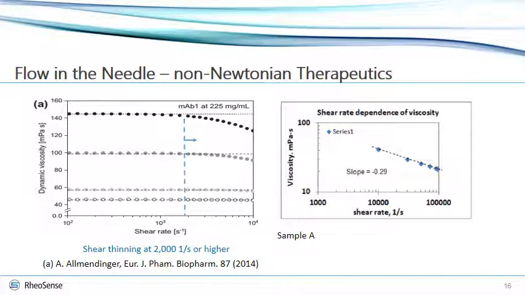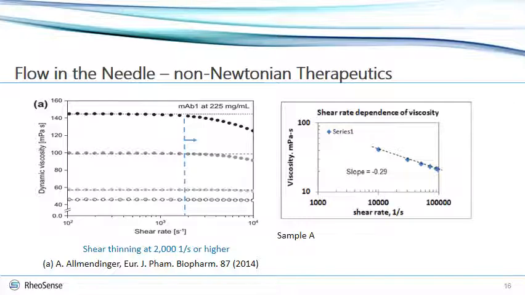Now, we can get back to our non-Newtonian therapeutics. I'm showing here two examples of the viscosity as a function of shear rates. As you can see on the left figure, for monoclonal antibodies, the rheological behavior is going to depend on concentration. This is very important because based on experience at lower concentrations, you might think that it is enough to measure viscosity under, let's say, 1,000 inverse seconds.